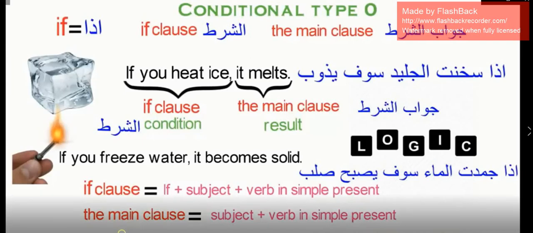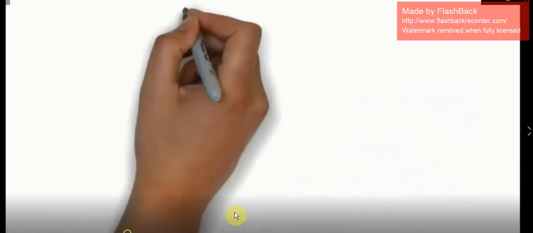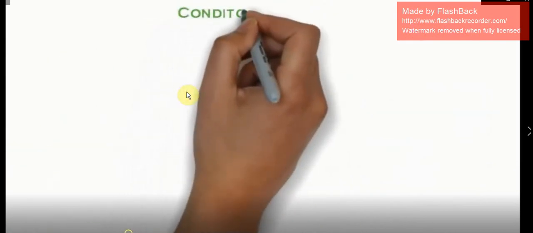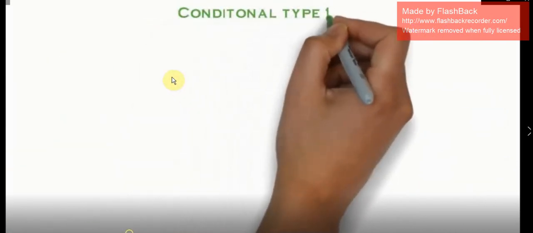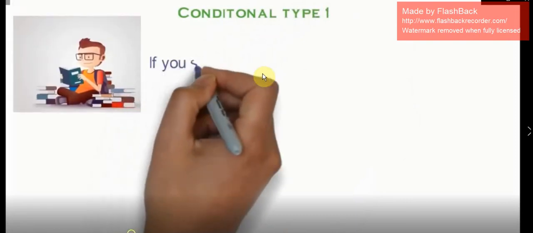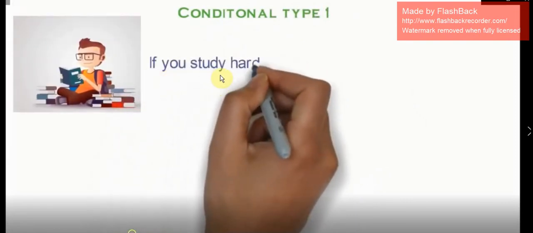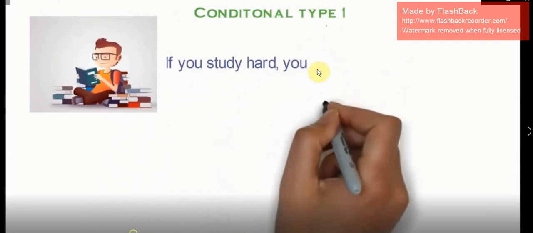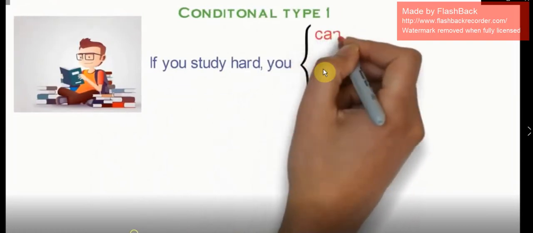Now, let's go to see the second type, type 1. Type 1, the same. In type 0, we have two clauses. If clause and the main clause. If clause, like if you study hard, you, what will we write?